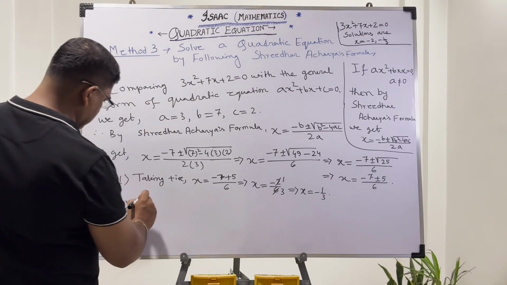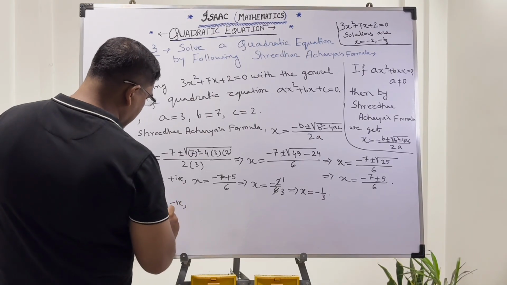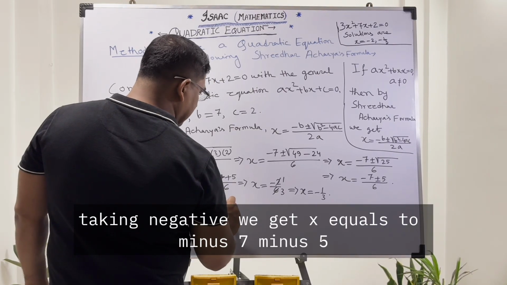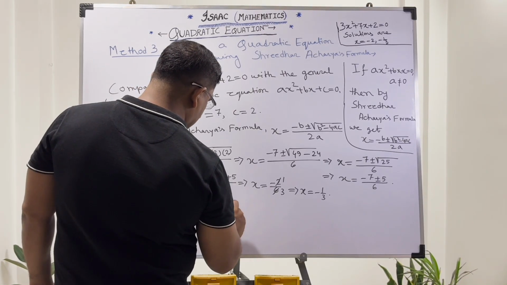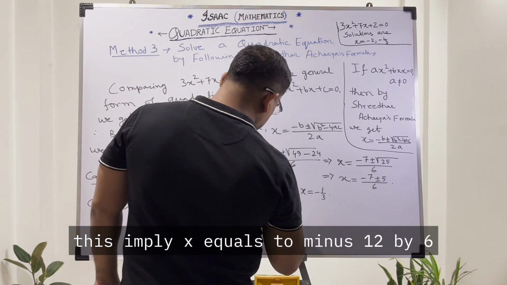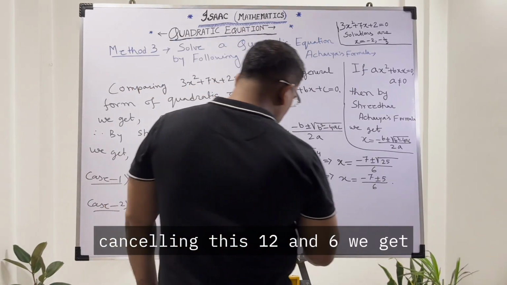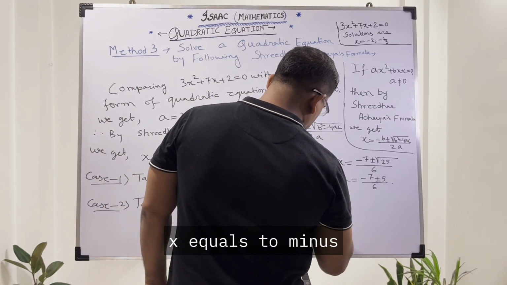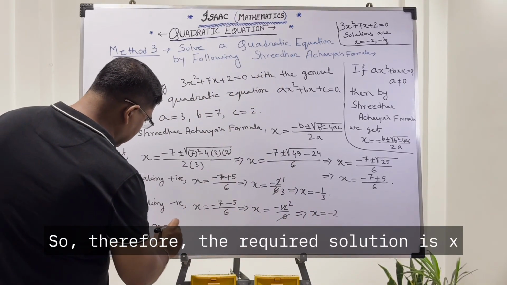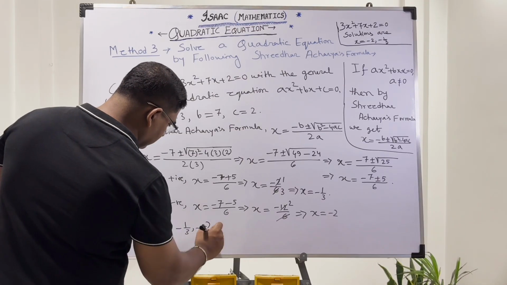Case 2. Taking negative, we get x equals to minus 7 minus 5 whole divided by 6. This implies x equals to minus 12 by 6. Cancelling these 12 and 6, we get x equals to minus 2. So, therefore, the required solution is x equals to minus 1 by 3 and minus 2.